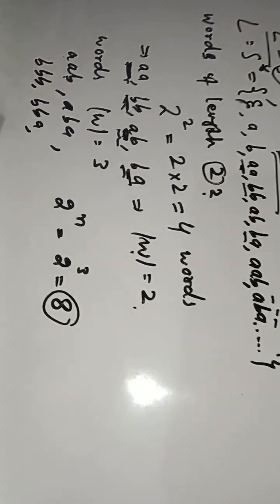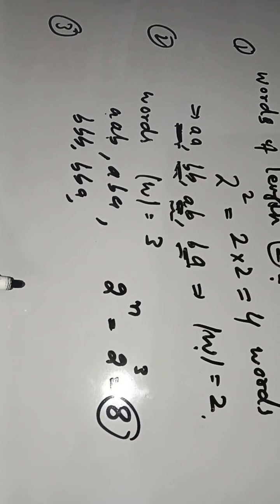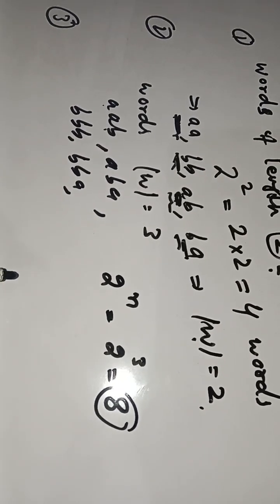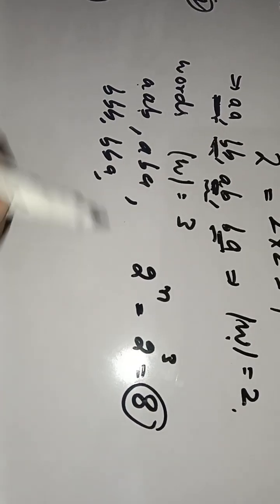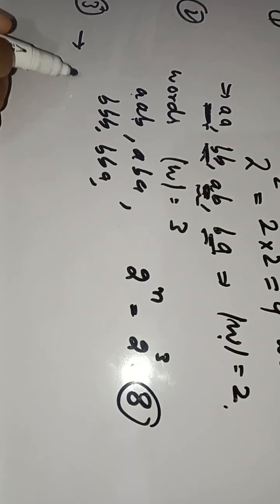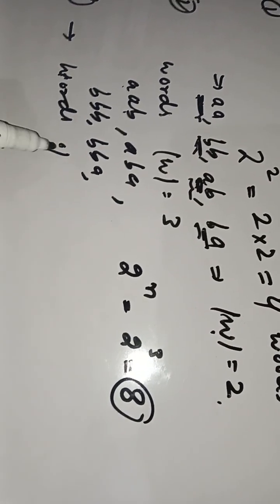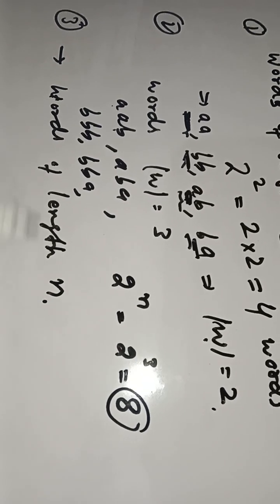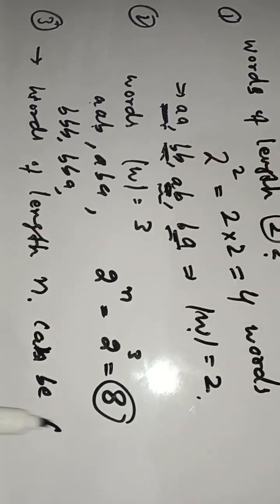The third part of the question says how many words of length 4 can be formed, or in general the question can be asked for any number. So in the third part, it says how many words of length n can be formed from this language.